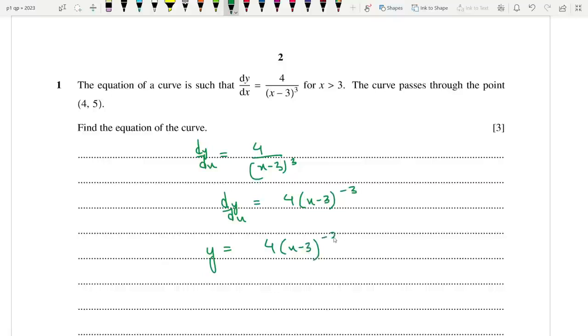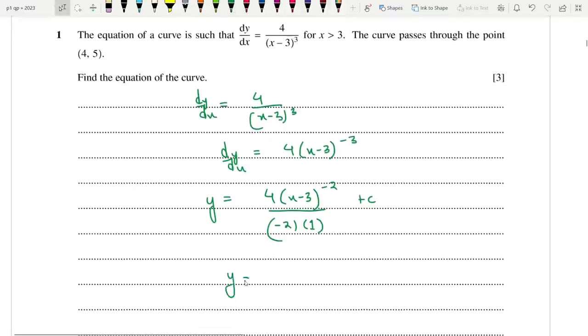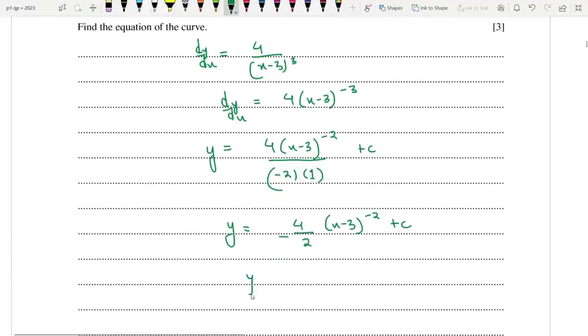4 times (x minus 3) to the power minus 2 divided by minus 2 times 1, plus c. So we can actually simplify this. It is minus 4 by 2 times (x minus 3) to the power minus 2 plus c, or we end up with y is equal to minus 2 (x minus 3) to the power minus 2 plus c.